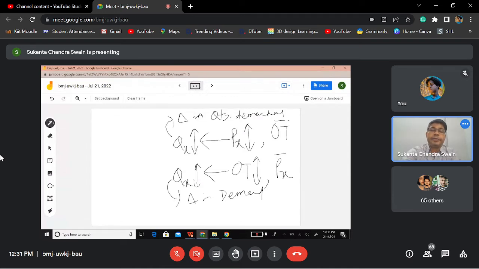And if in this case demand is increasing, it is extension of demand, expansion or extension. If it is decreasing, it's contraction.